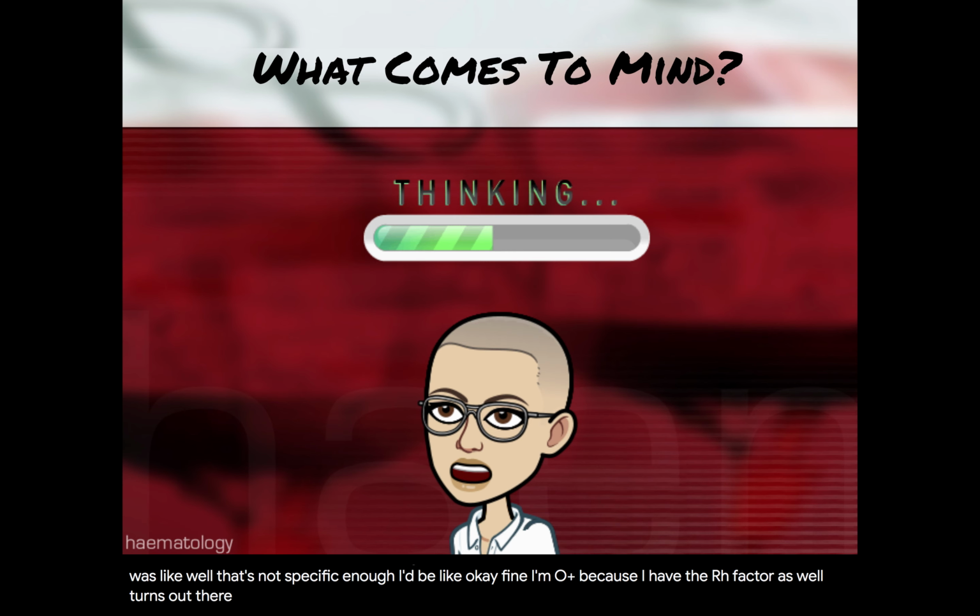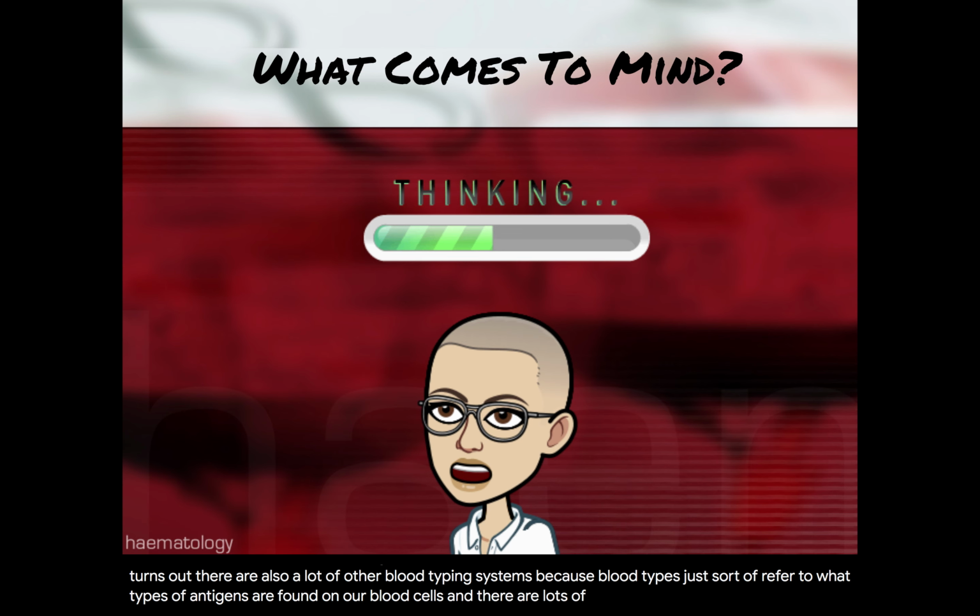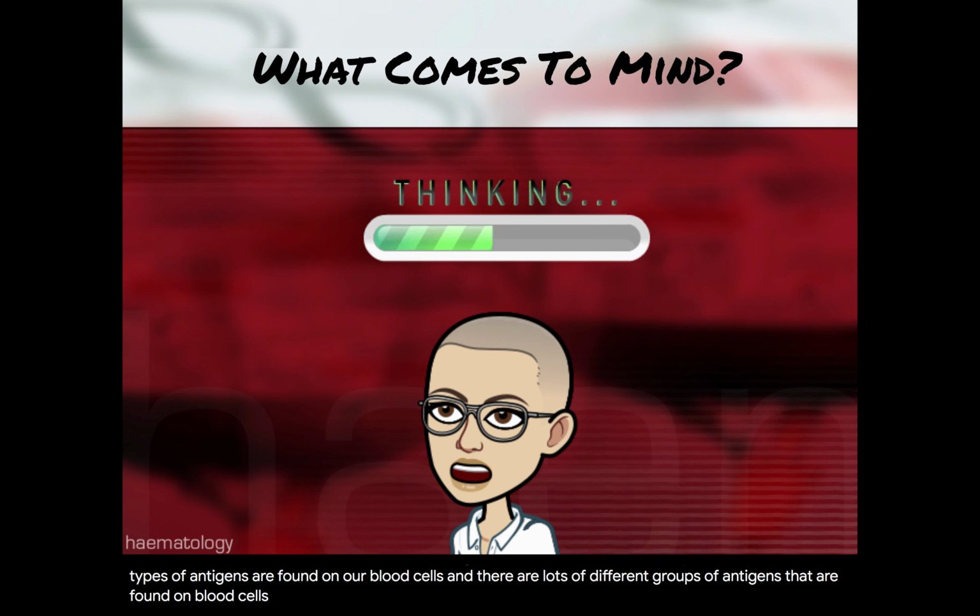Turns out there are also a lot of other blood typing systems because blood types just sort of refer to what types of antigens are found on our blood cells, and there are lots of different groups of antigens that are found on blood cells, but the AB antigens are the most commonly discussed, and the ABO system is sort of the classic blood type.